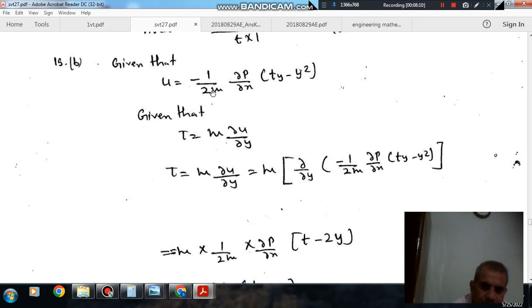So this is the variation: u = -1/(2μ) ∂p/∂x [ty - y²].